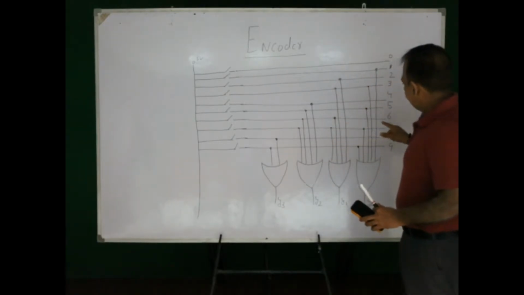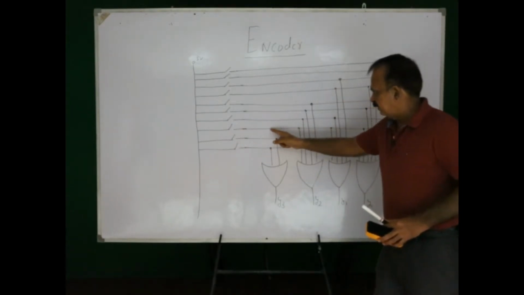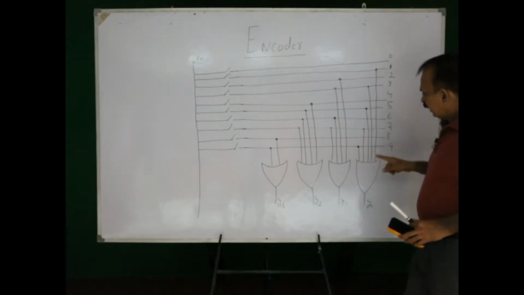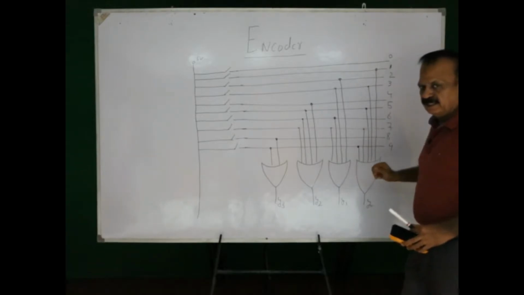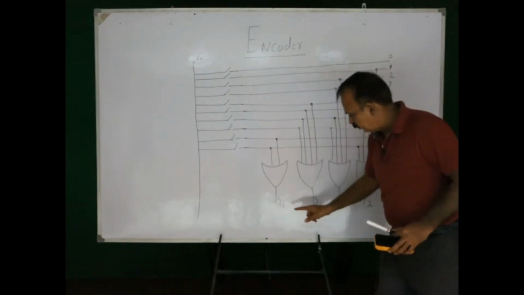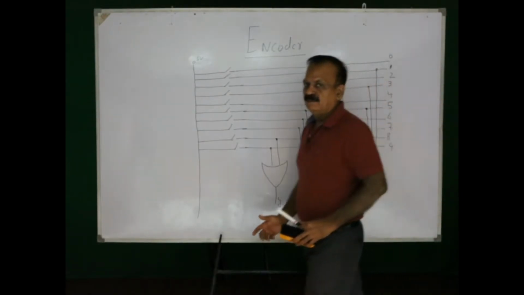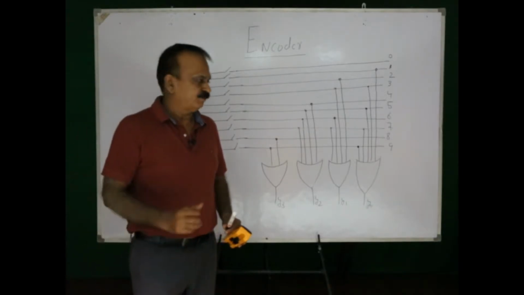If I press the key for 7, there will be current in this wire that is representing 7, and it is connected to the 3 rightmost OR gates. The output is 0, 1, 1, 1, which is the binary equivalent of decimal number 7.